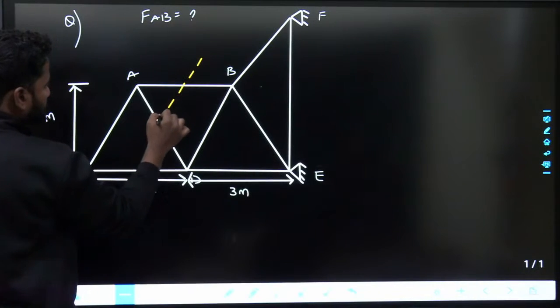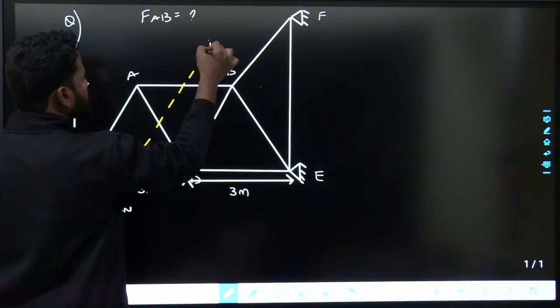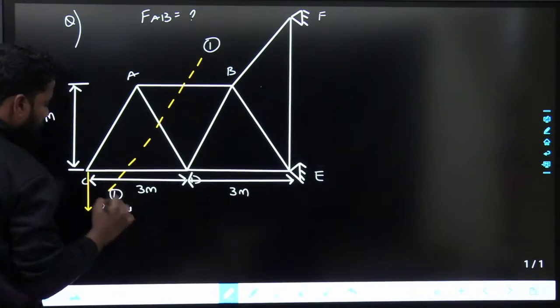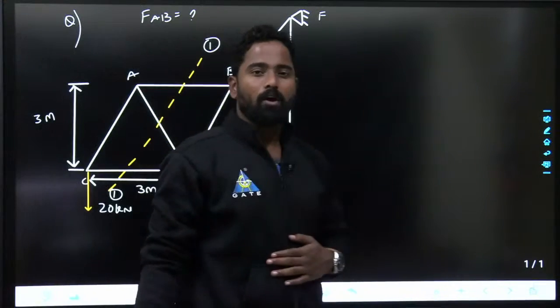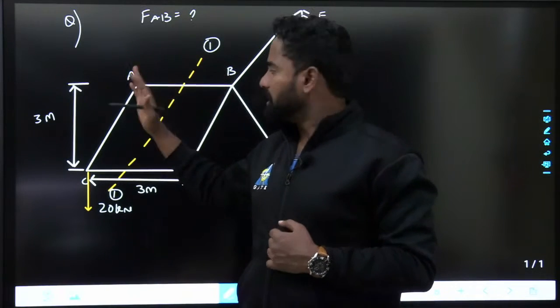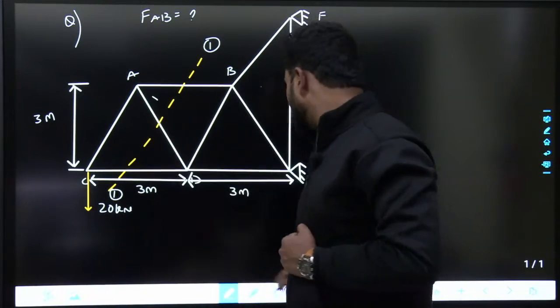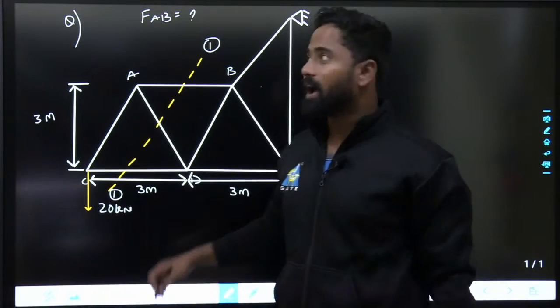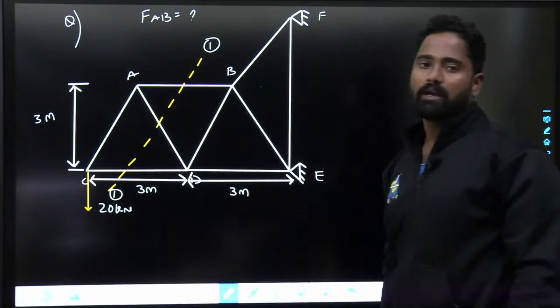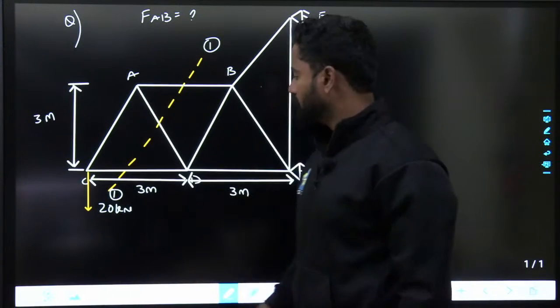So I will cut it something like this, section 1-1. If I consider the left hand side, is there any support? There is no support. That means if I just consider the left part of section 1-1, I will get my answer. I do not even have to calculate the reactions.